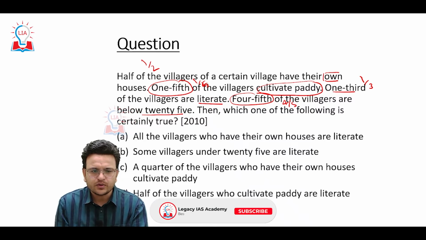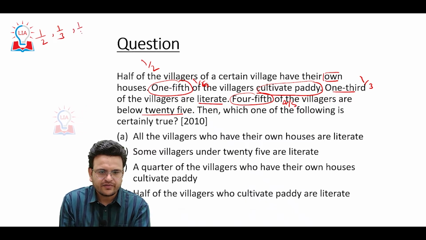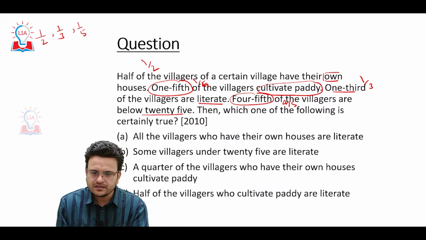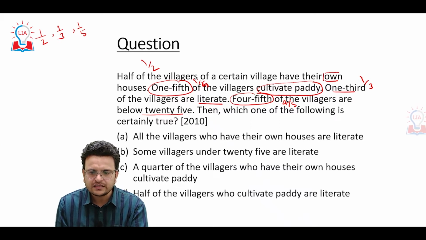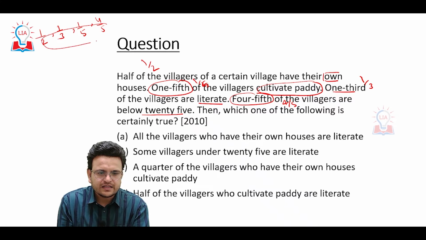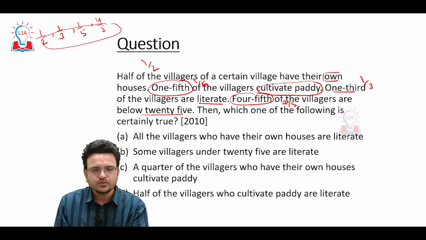Whenever such type of questions come, consider 1/2, 1/3, 1/5, and then we have again 1/2, 1/5, 1/3, and we have 4/5. What is the LCM of 2, 3, 5?